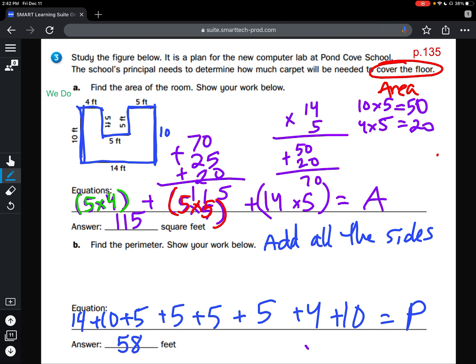So there really weren't that many problems for us to do today in our math journal together, but the point of this lesson was to expose you to the idea of additive area. When you partition a rectangle, you make it into smaller rectangles and squares to be able to find the area.